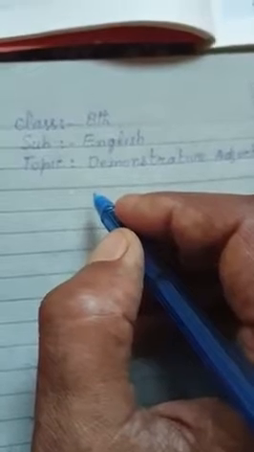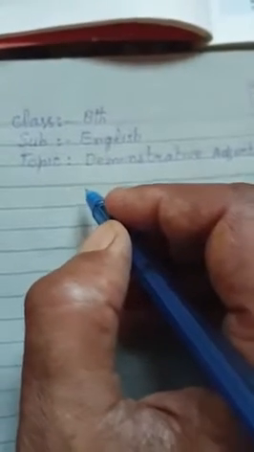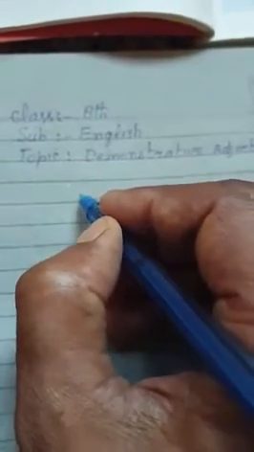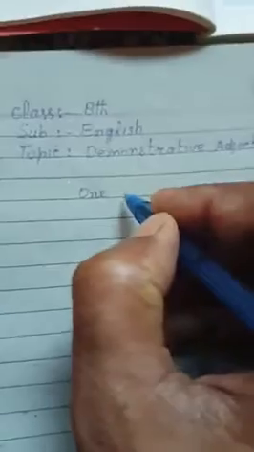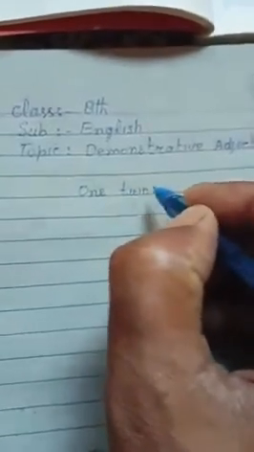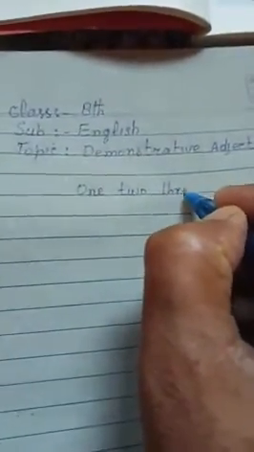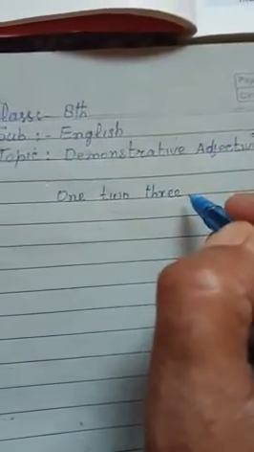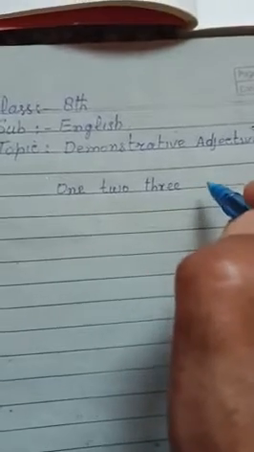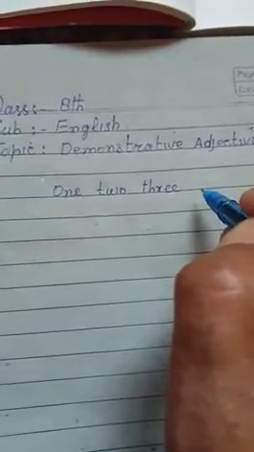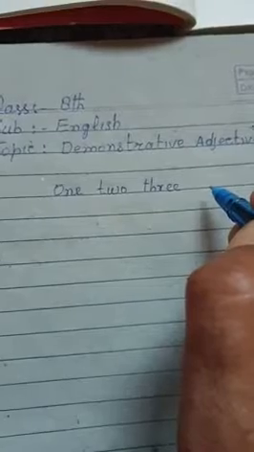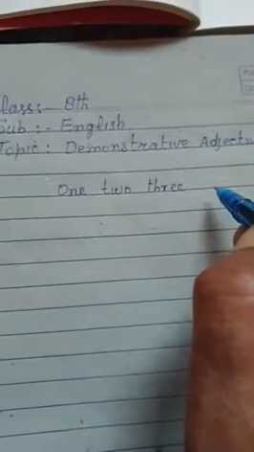Definite numeral adjectives. You might remember it was 1, 2, 3, 4, 5, etc., right? These are called cardinals.